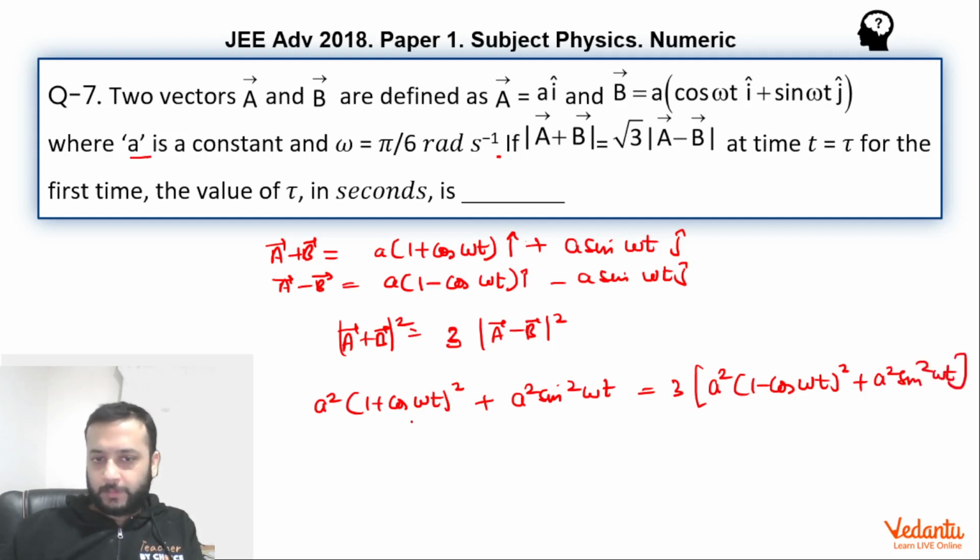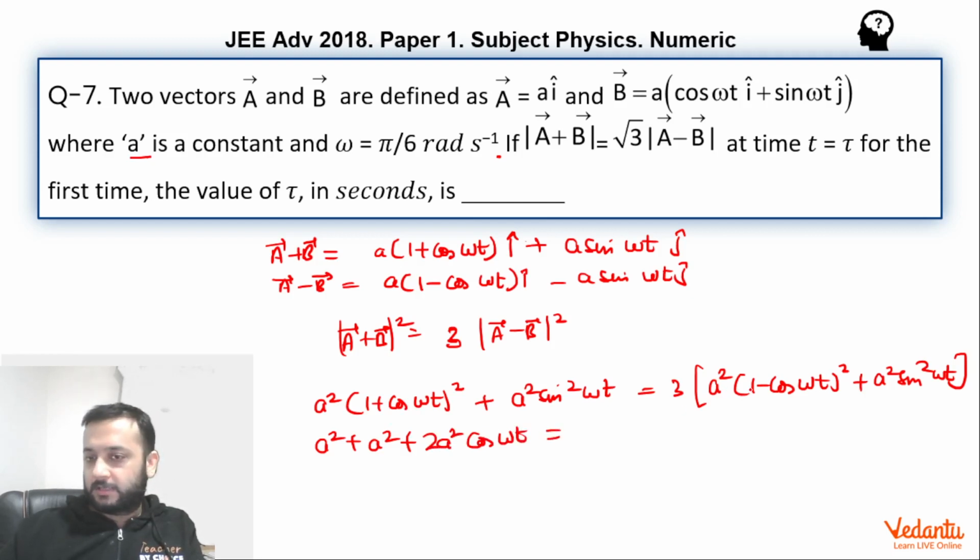Now if you open this bracket, you are going to get a square plus a square cos square omega t, plus a square sin square omega t, which together become a square, and here 2 cos omega t multiplied by a square, so this will become 2a square cos omega t, right?